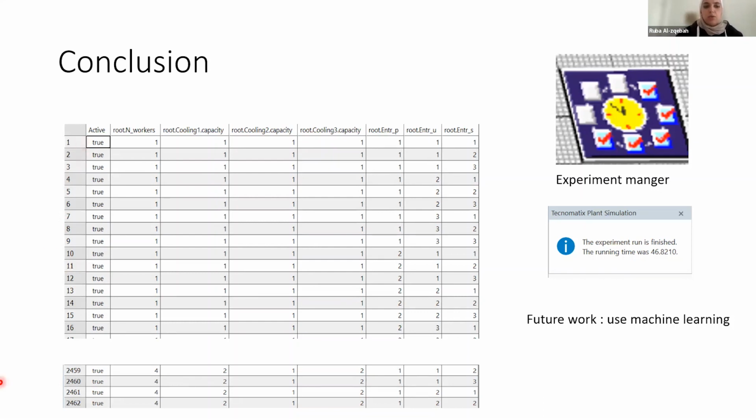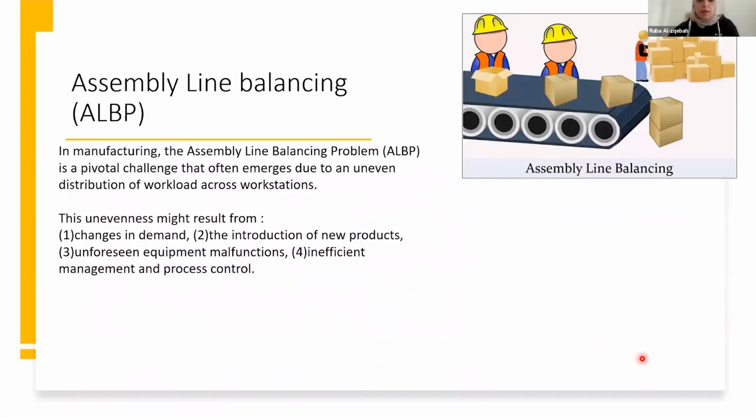So we can run 2,462 experiments in less than 1 minute, 46.8 seconds. So the future work could be that this huge data can be used for machine learning. I've started working on that, to develop a model to predict the makespan in different setups. Yeah, this is all in the additive manufacturing.